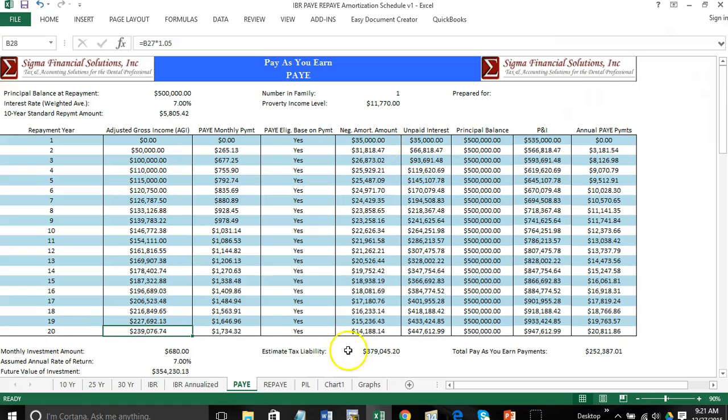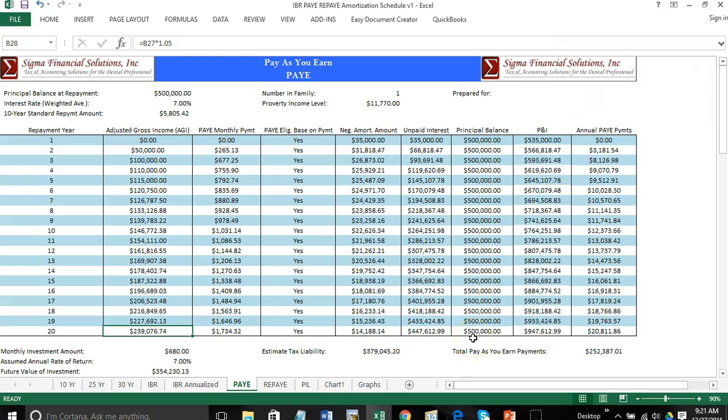Given these income amounts, your payments are never sufficient to cover the interest. So over the course of 20 years, you've underpaid the interest by about $450,000.